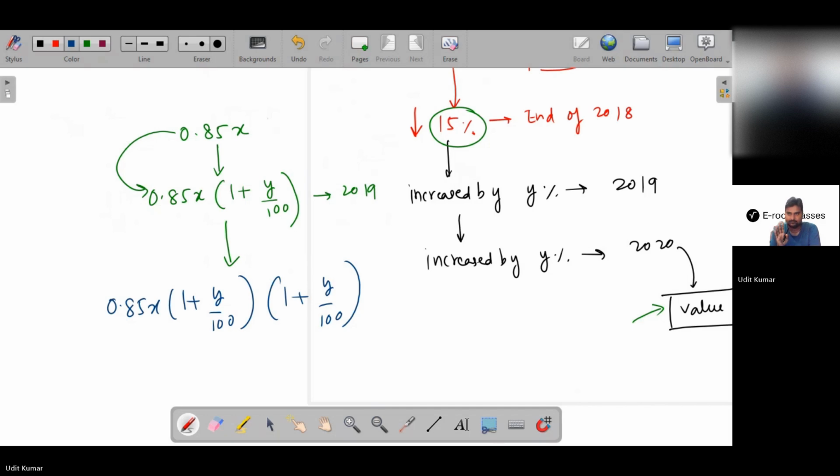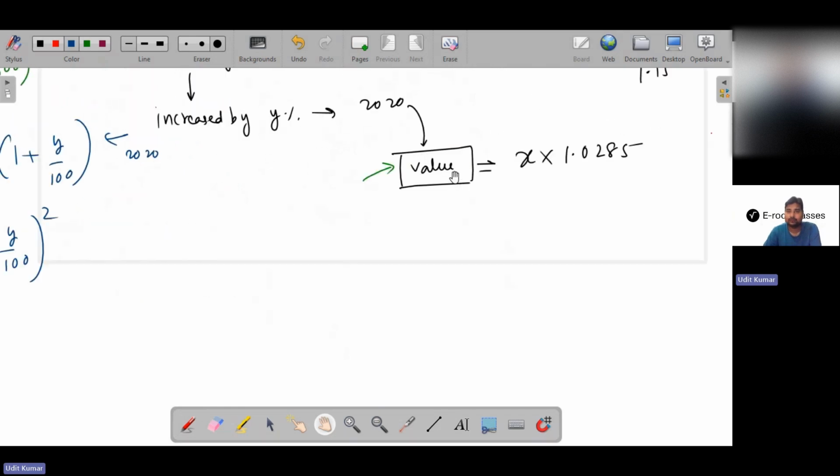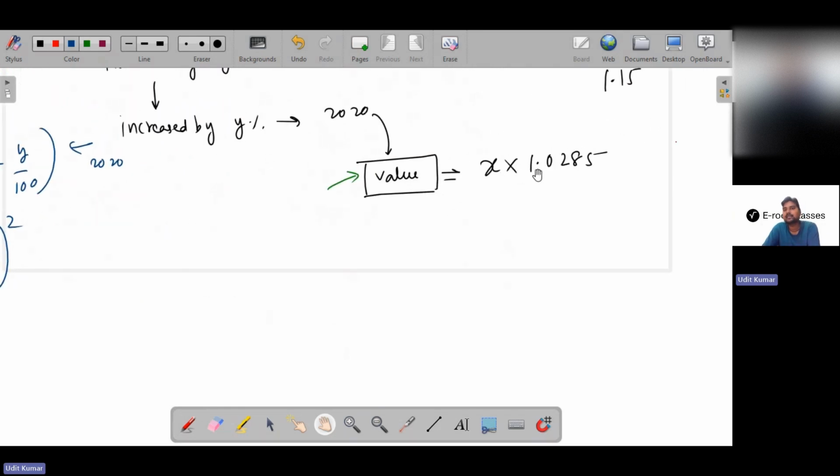This makes sense, right? This is by 2020, which means 0.85x times 1 plus y by 100 squared. And this value that we are getting should be equal to x times 1.0285.